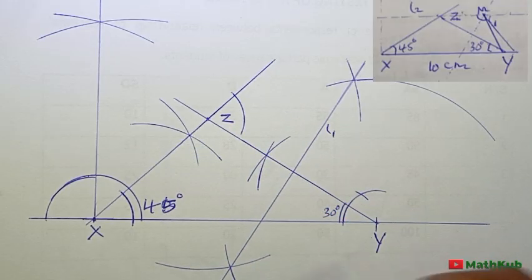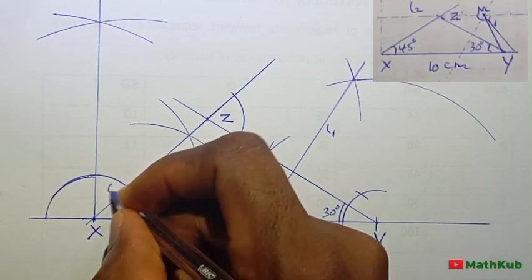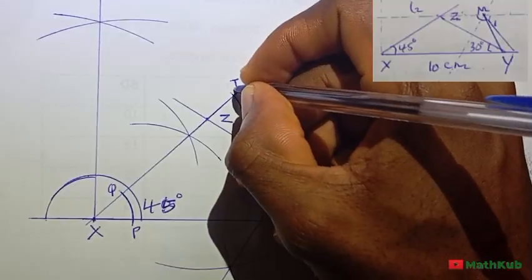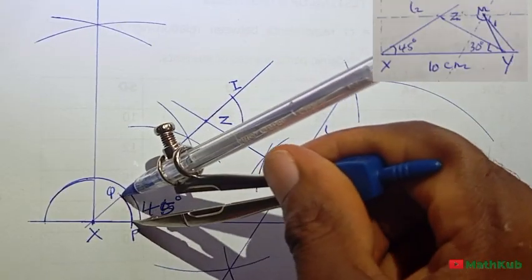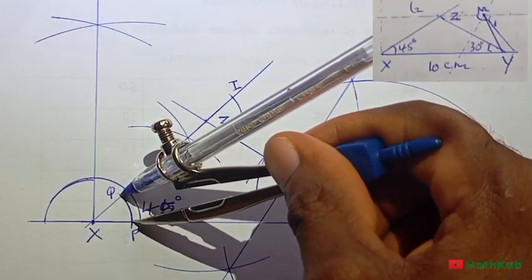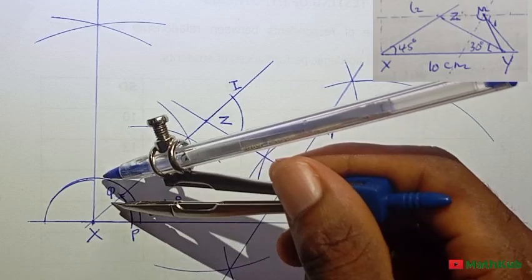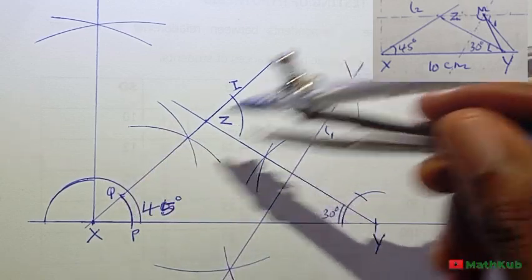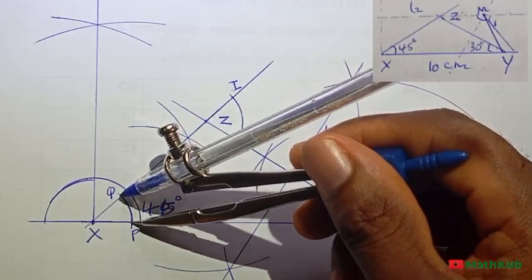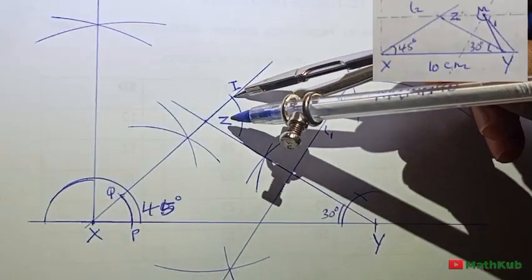So now after drawing this, we now measure. Okay, let me name this thing. This can be P and we call this Q. Let me call this one I. We measure PQ, with that same radius of line PQ. We measure line PQ, and with that same radius we position our compass here.